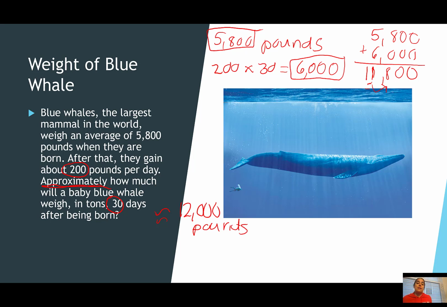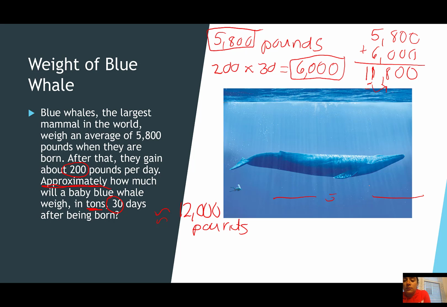But I want to convert that to tons because it's saying how much will the whale weigh in tons. So we're going to do the same strategy that we did when we were doing distance in the customary system, which was make two equivalent fractions. So I'm going to set this up. We have two equivalent fractions.